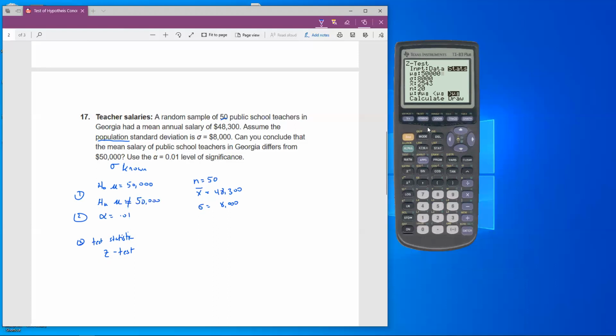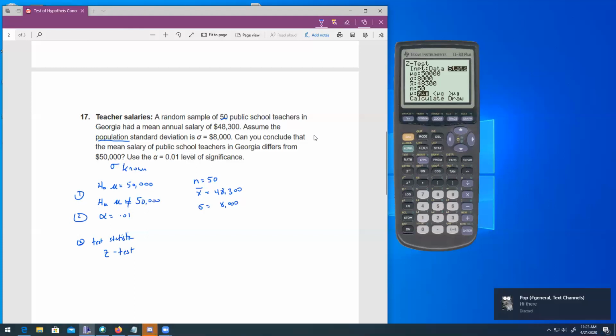Oops, I messed up. The mu, that's what you put in for your test of hypothesis. That was 50,000. The x bar, that was the 48,300. And then we have 50 people. And then here, notice it's the first one, the most common one, not equal to. So we'll say it's different than, and then we'll calculate this thing.